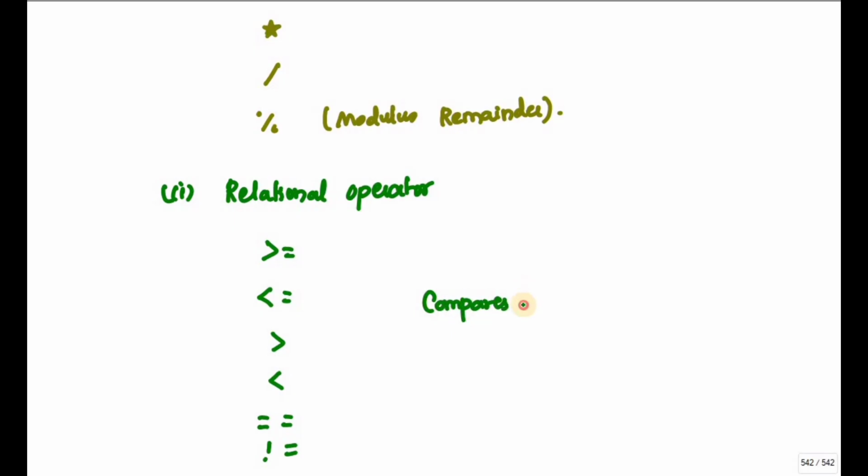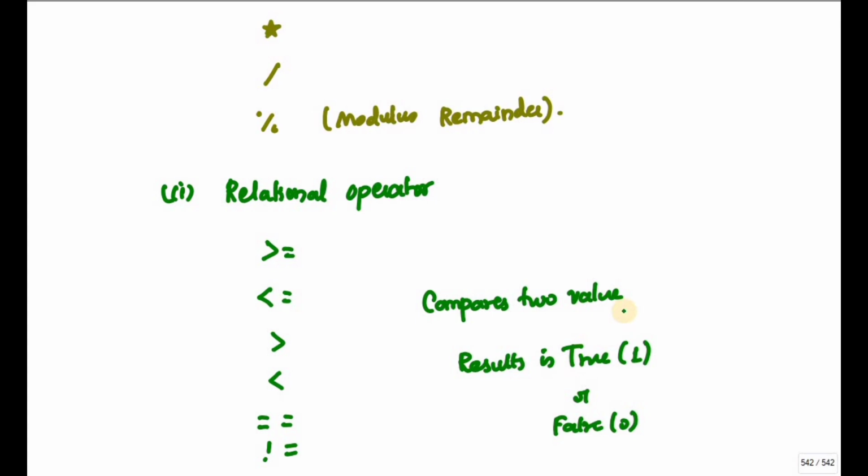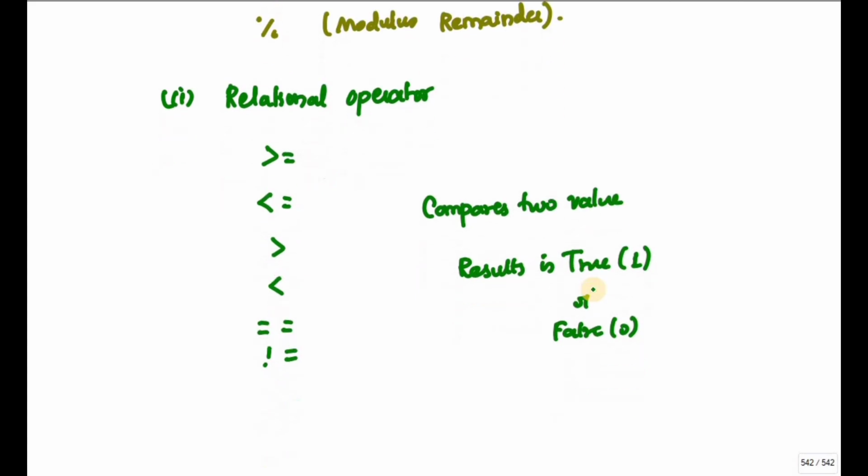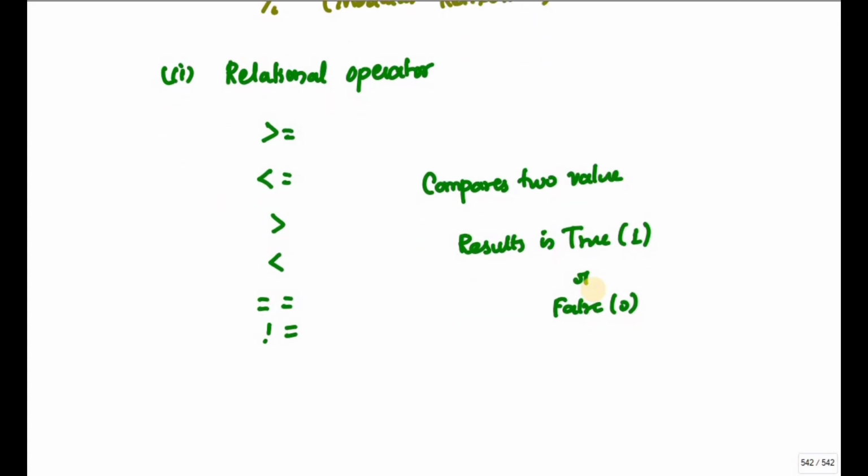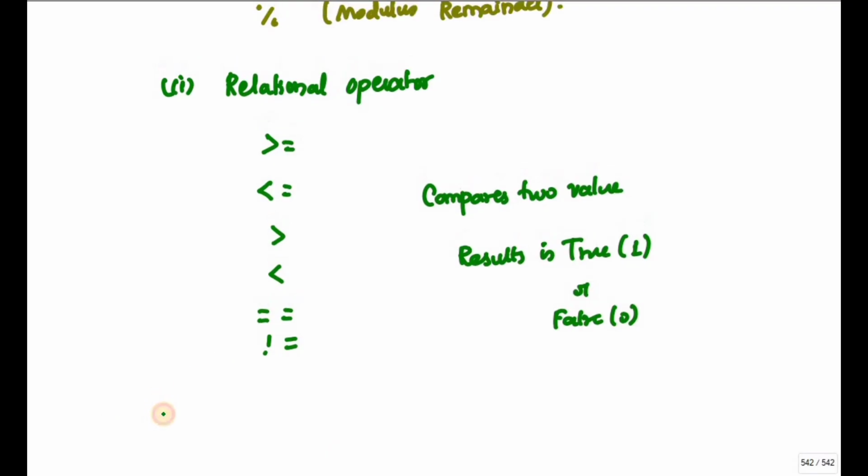If I compare two values and the result is true, it gives the answer 1, and if it is false, it gives the answer 0. This is about relational operators. You can see that the equal-to symbol is used in the equality operators: equal to and not equal to.